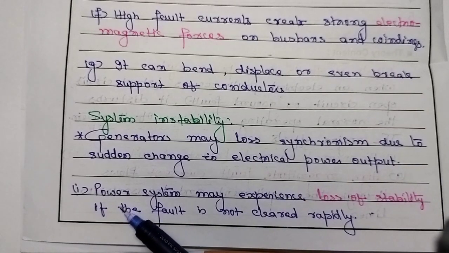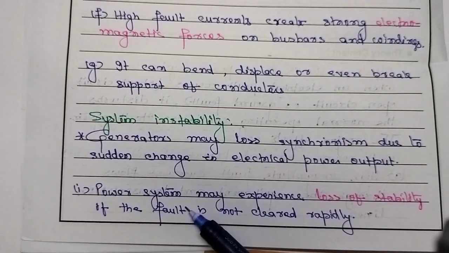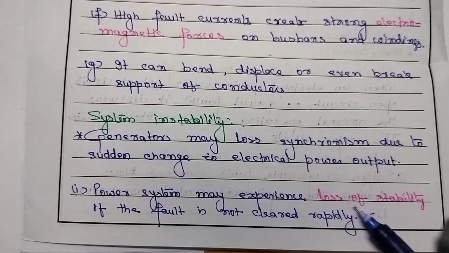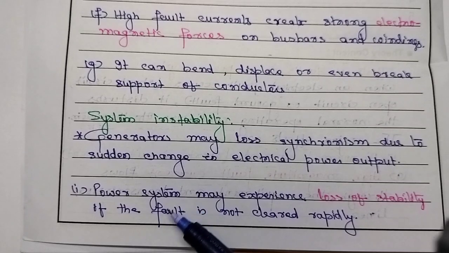The power system may experience loss of stability if the fault is not cleared rapidly. So these all are the effects of faults in the power system.